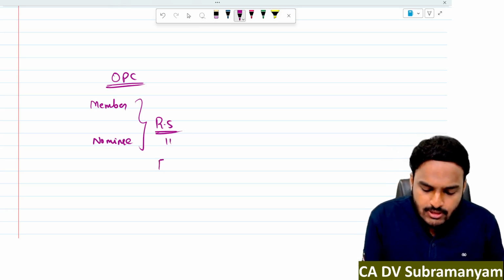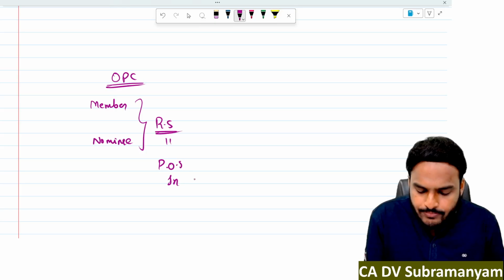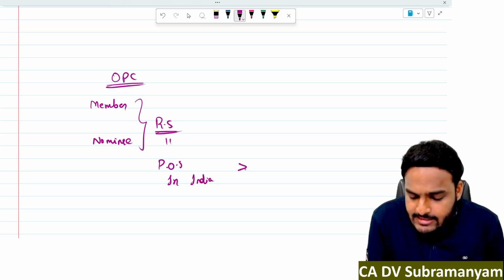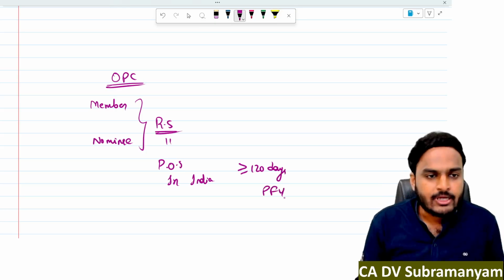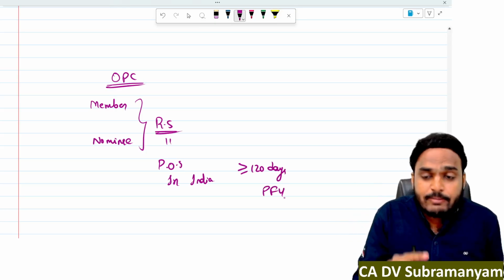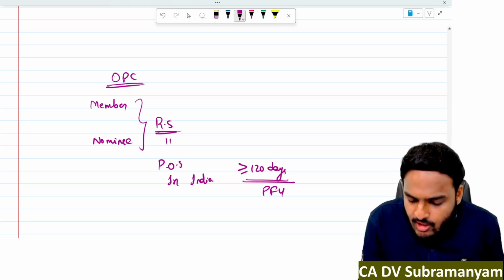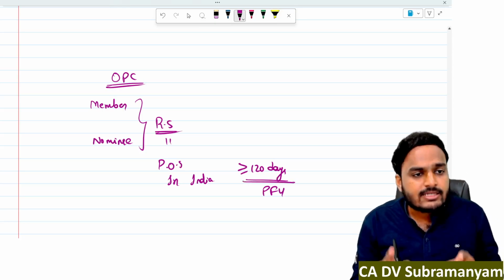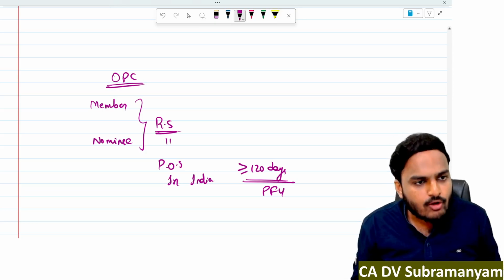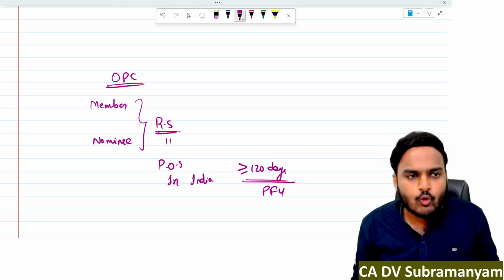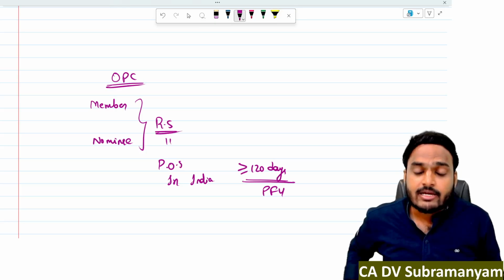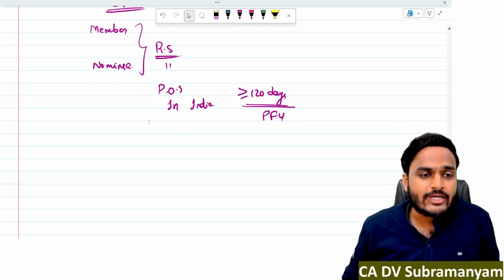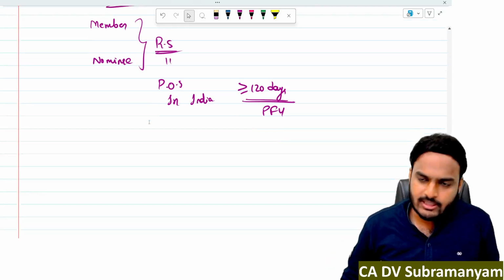Very simple. Check the period of stay in India. If the period of stay in India is greater than or equal to 120 days in the preceding financial year, then he is an eligible person to become member of OPC or to become nominee of OPC. Understood? The limit is greater than or equal to 120 days in the preceding financial year.